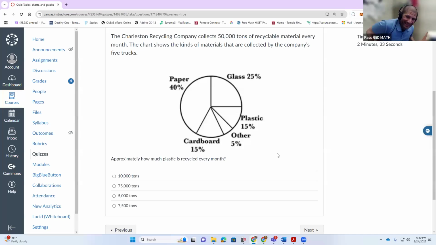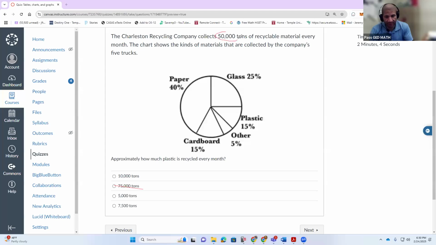Approximately how much plastic is recycled every month? Is it 10,000, 75,000, 5,000, or 7,500? So what answer do you know it can't be? It cannot be 75,000, because the total is 50,000.